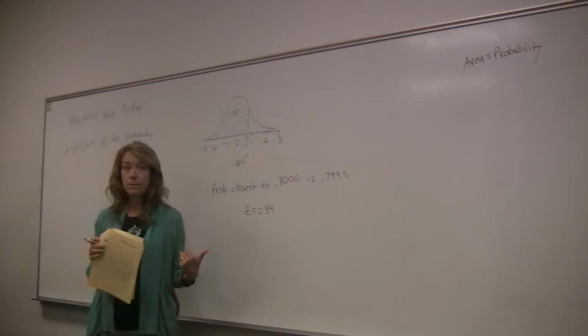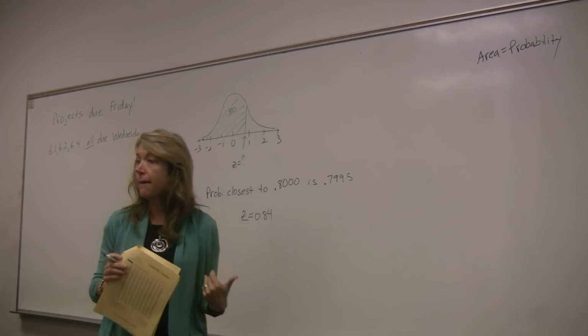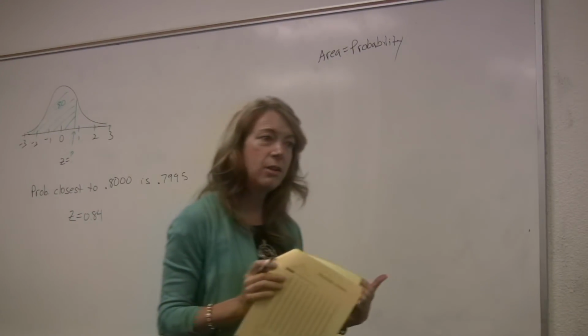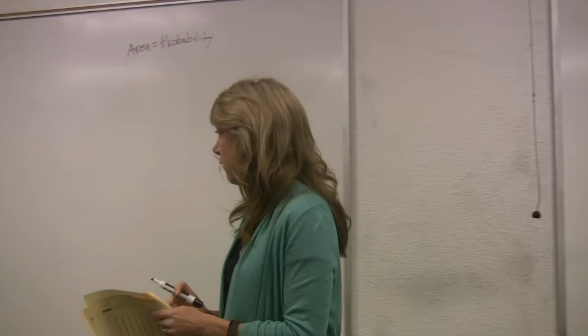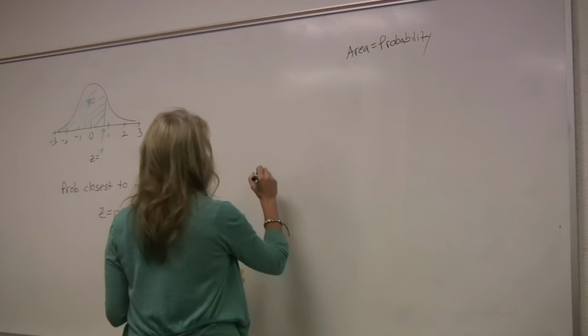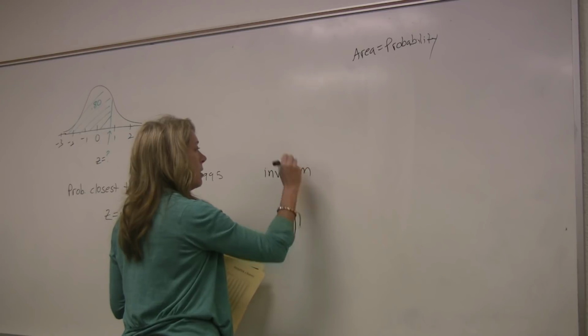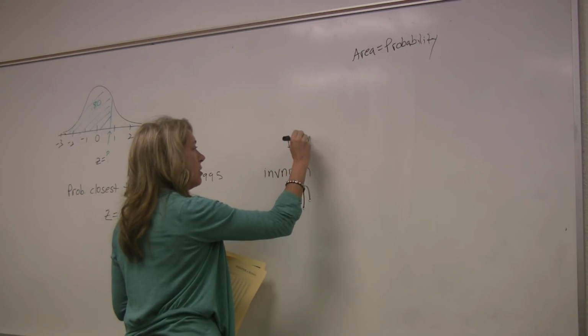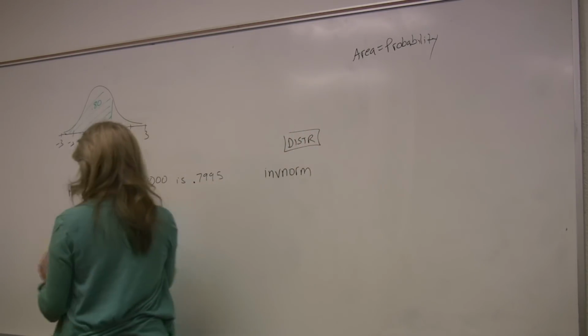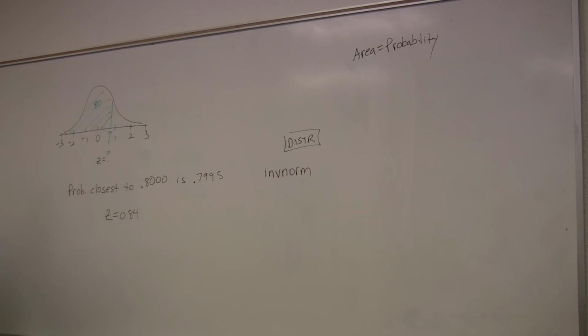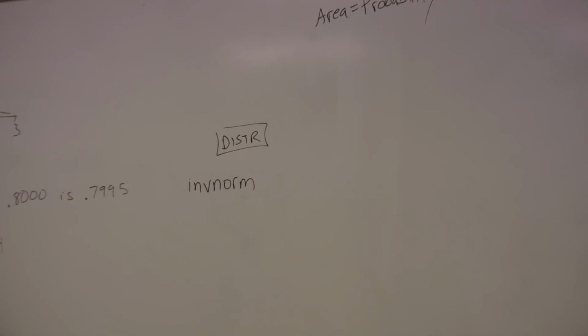Other questions? Okay. Did we talk about how to use our calculator to do this one? Inverse norm. So aside from the table, our other option is inverse norm, which is still under distributions, over there on the right where it says vars. Right by the same place you find normal CDF.